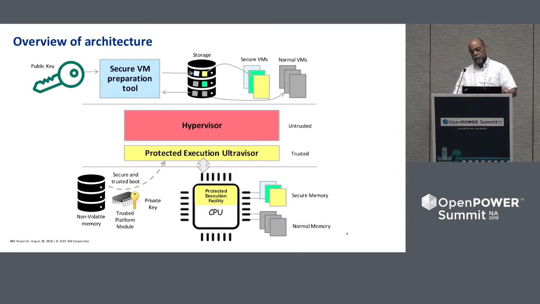We add this Protected Execution Ultravisor below the hypervisor, which is any hypervisor. Linux KVM runs on top of it. And then there's a public key associated with the private key that you use with this new tooling to convert a normal virtual machine into a secure virtual machine, and the secure virtual machines are stored on your standard disk. That's basically a quick overview of what we have here.